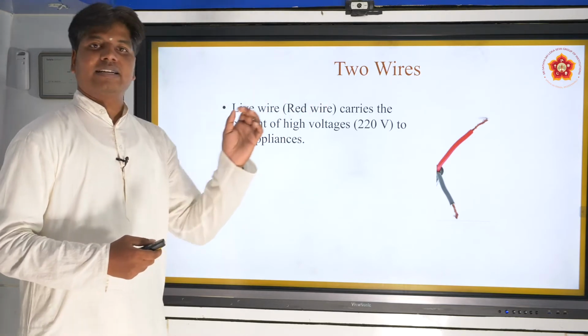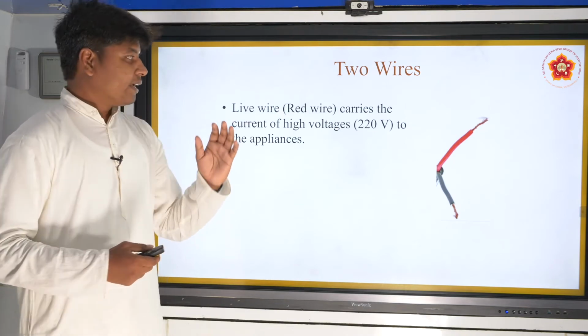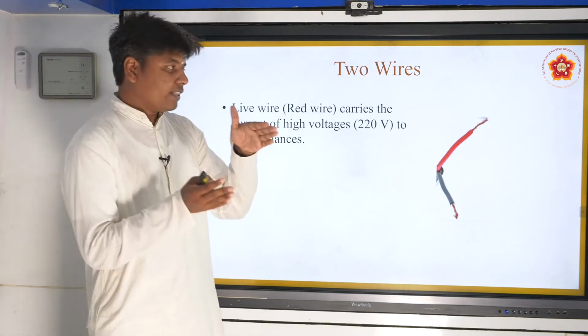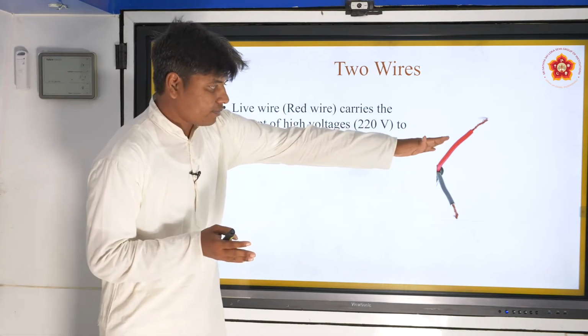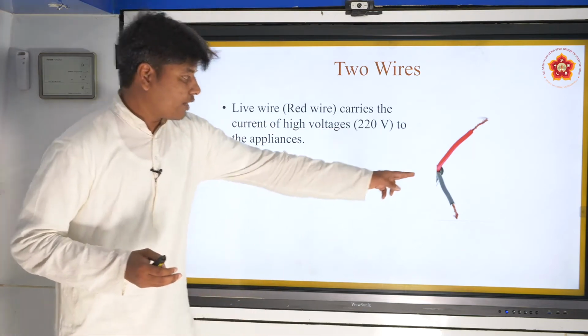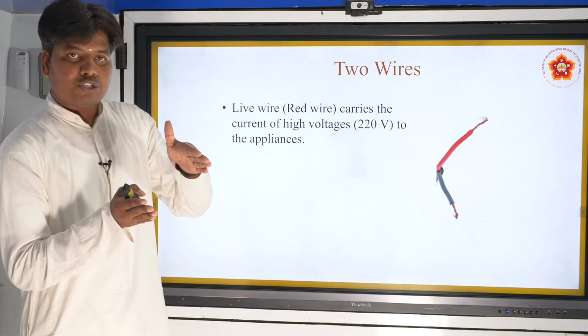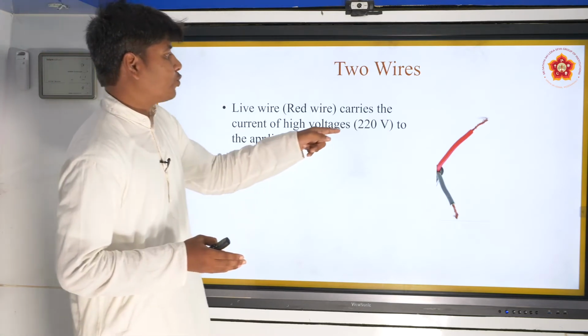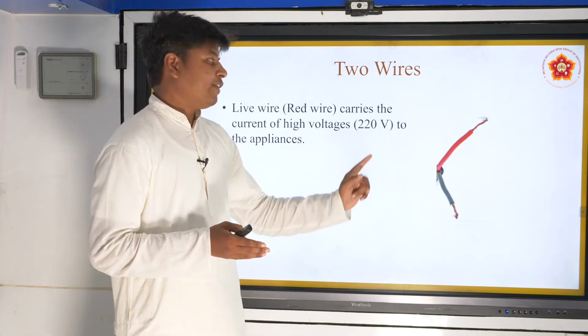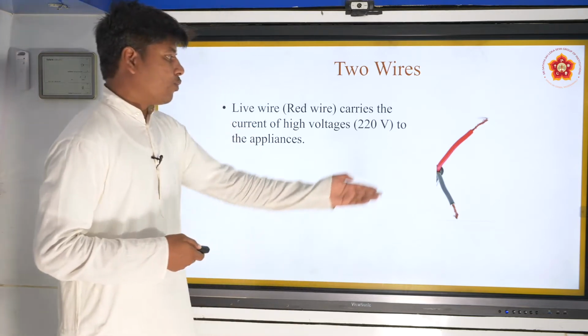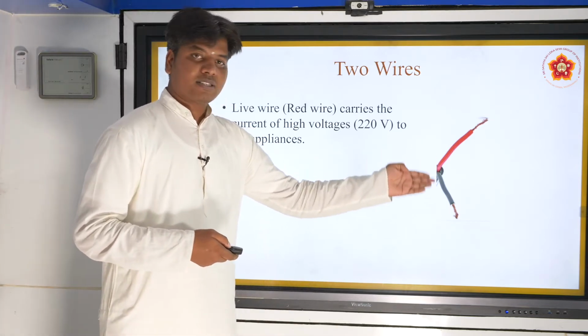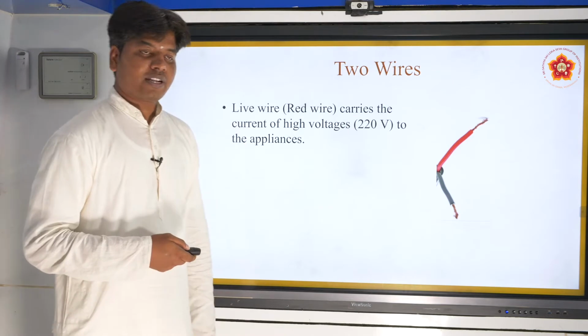It carries the current. The potential difference between the neutral wire and the live wire, this is called the neutral wire, this is called the live wire, is maintained at 220 volts. If it carries 220 volts, what will be the potential of this wire?